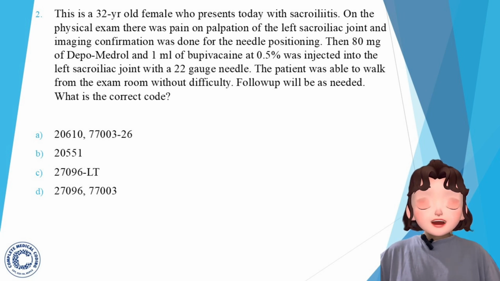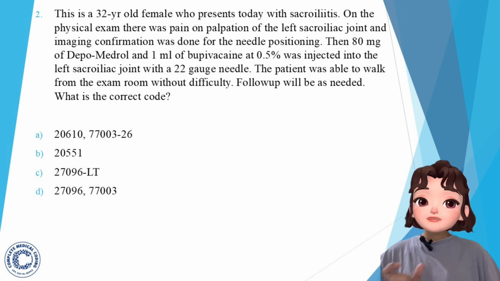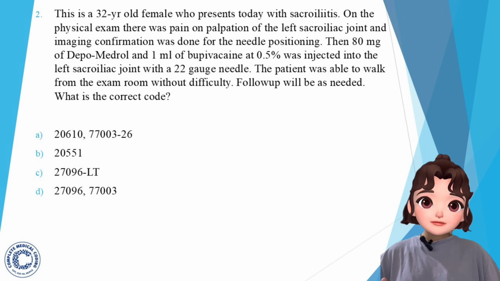Steroid with image guidance. See, this CPT code already includes the image guidance. So we don't have to code separately for the imaging guidance 77003 as mentioned in option D. Option A, anyway, is incorrect.